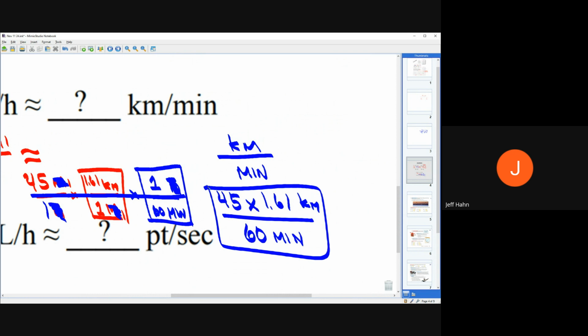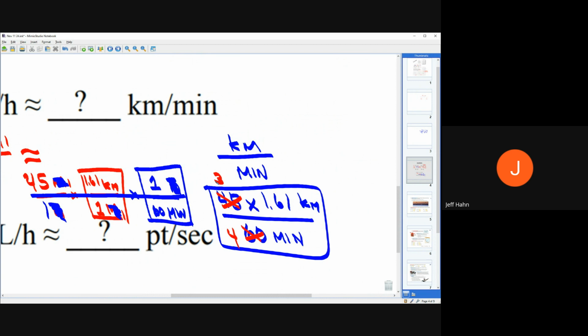What cross cancels in this? 60 and 45. Something bigger than 5. 15. 15 times what is 60? 4. And 15 times what is 45? 3. And that's all the cross canceling you can do.